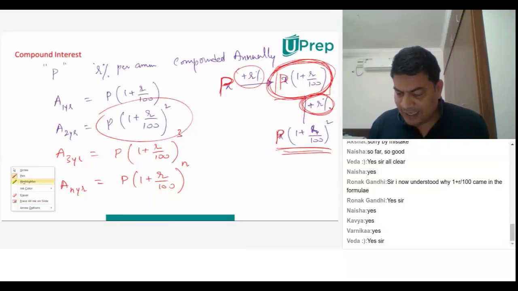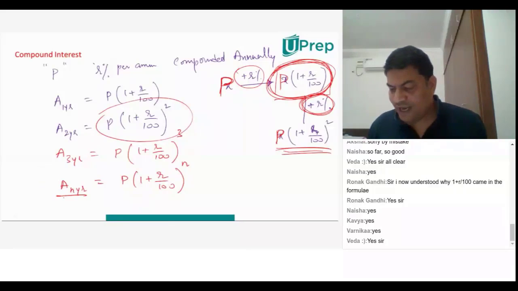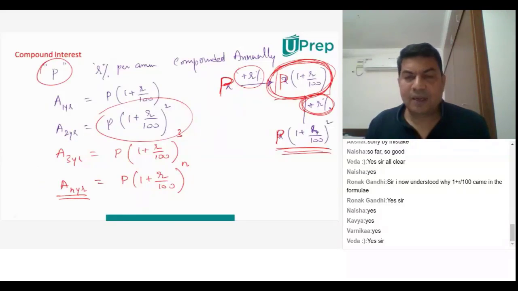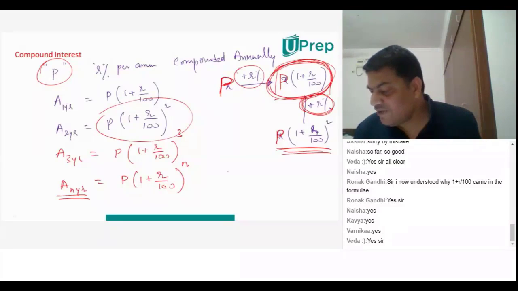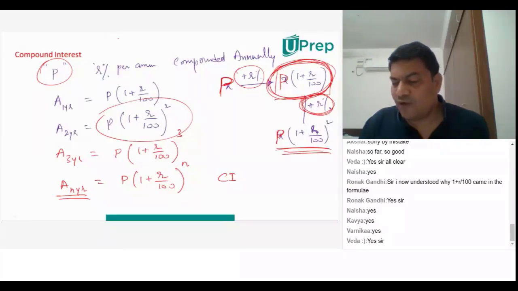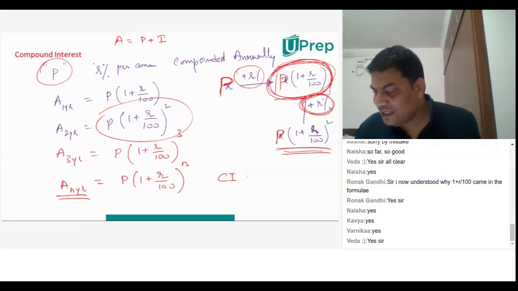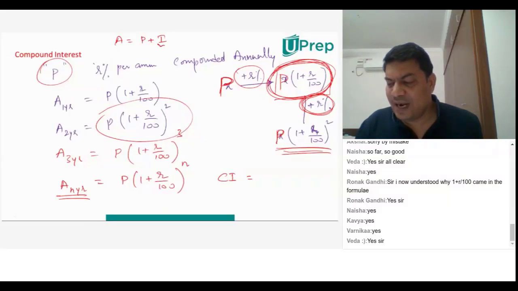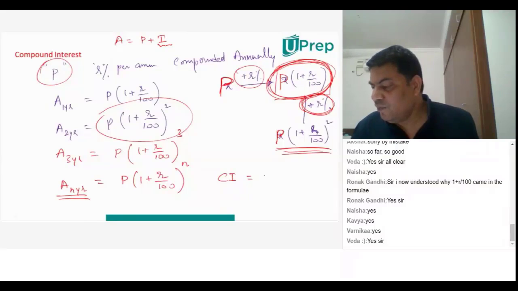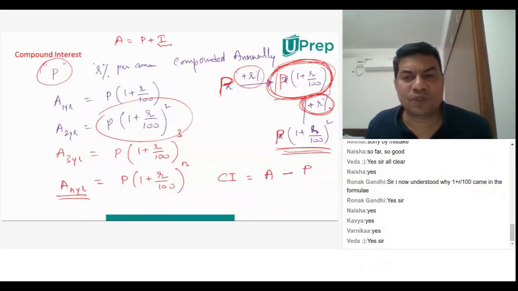Say let's assume you know the amount at the end of n years, and you know principal P. If someone asks you what the compound interest will be, amount is always principal plus interest. That's a very fundamental formula. Therefore, interest is nothing but amount minus principal, so you just need to transpose that.